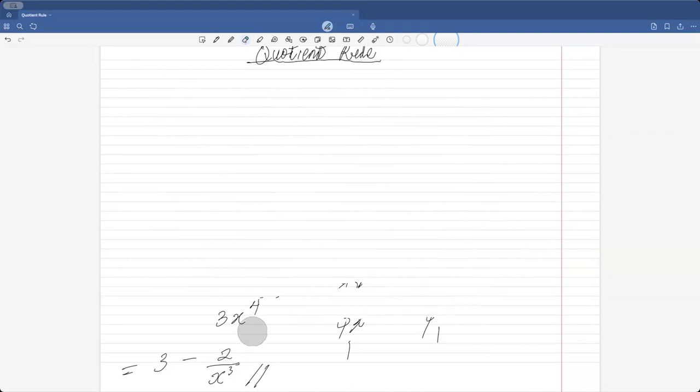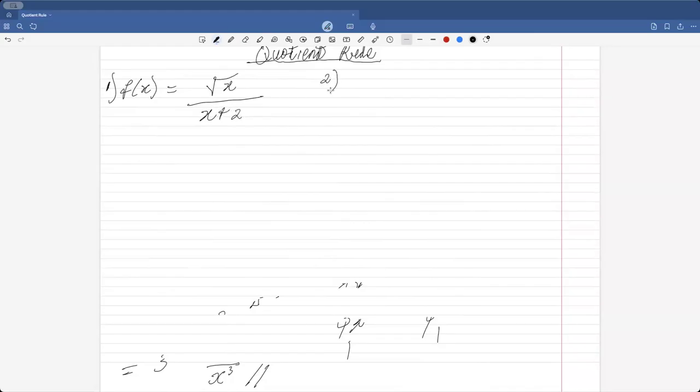So number 1, f(x) equals radical of x over x plus 2.